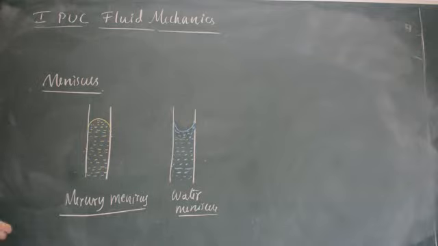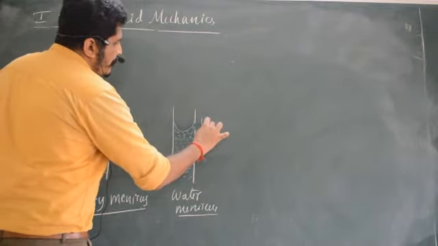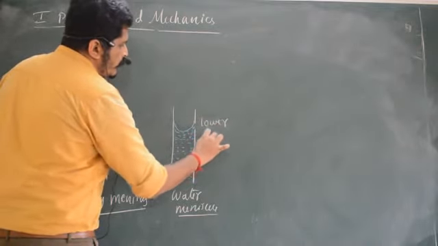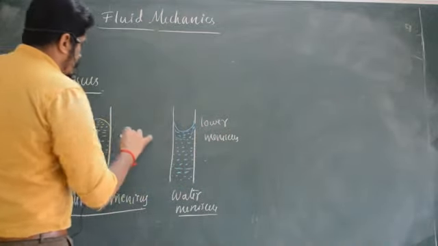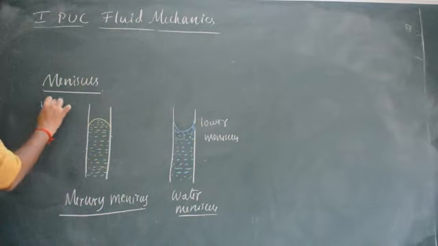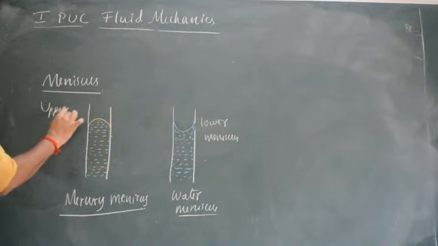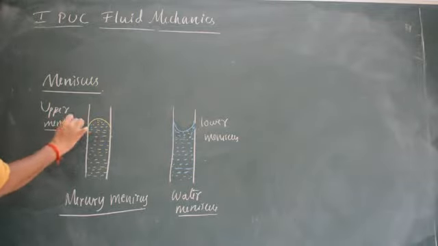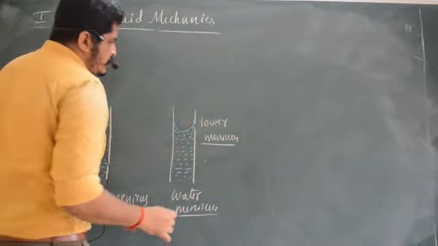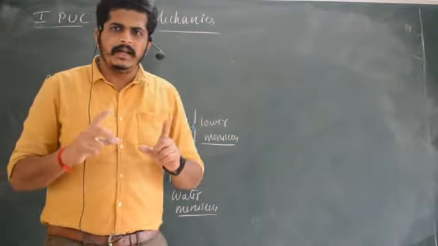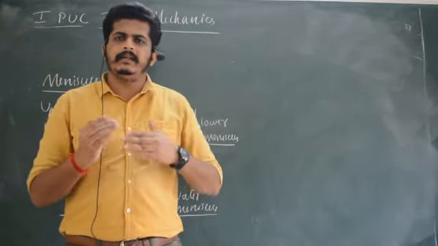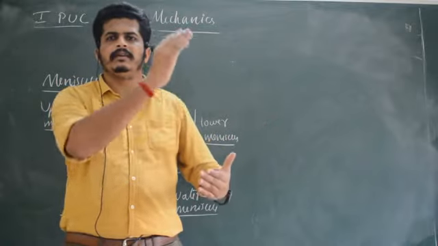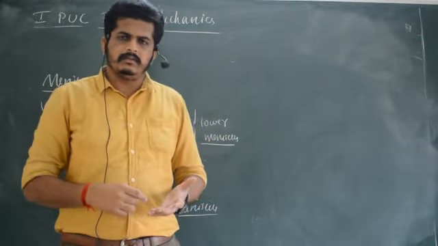So this is called lower meniscus, and this is called upper meniscus. So imagine you have taken two tubes, and in one tube you have taken mercury inside, and in one more tube you have taken water inside.